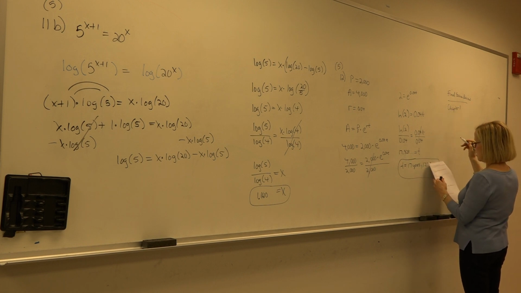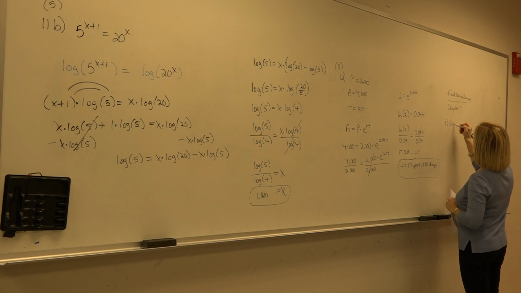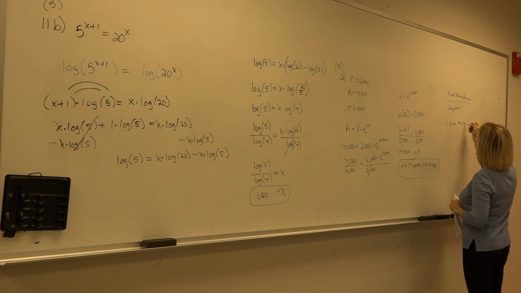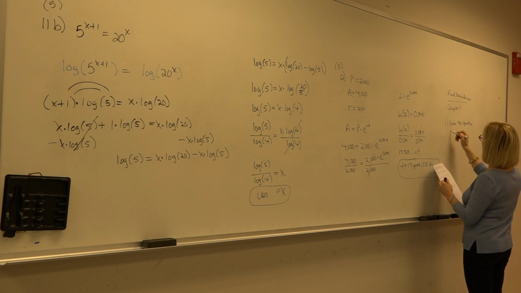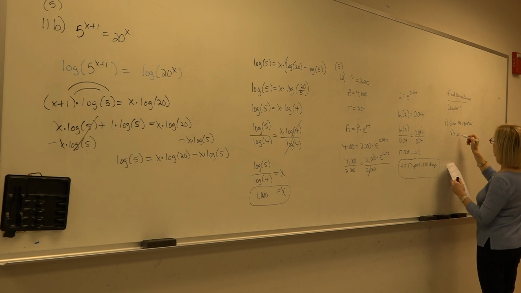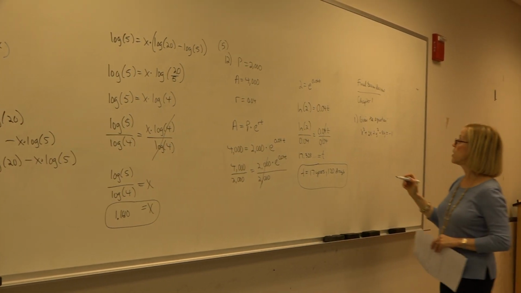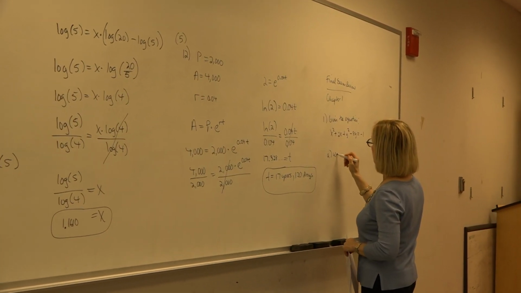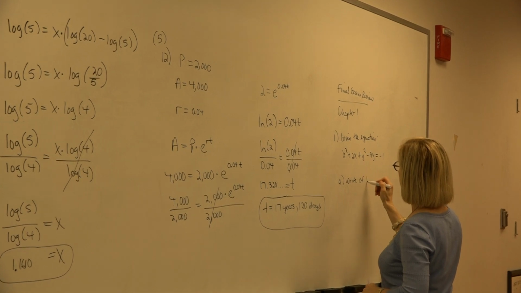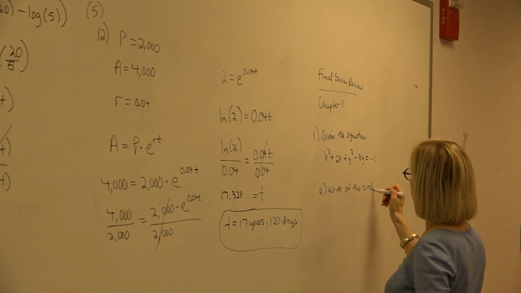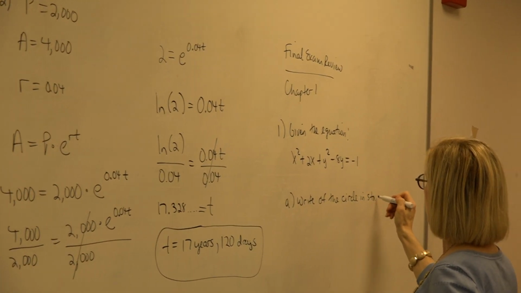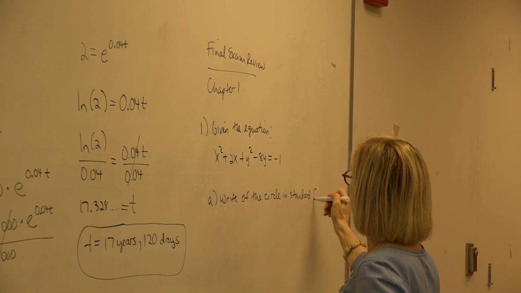So we have, given the equation x squared plus 2x plus y squared minus 8y equals -1. We want to first write the equation of the circle in standard form. This is back from chapter 1. It's been a while.